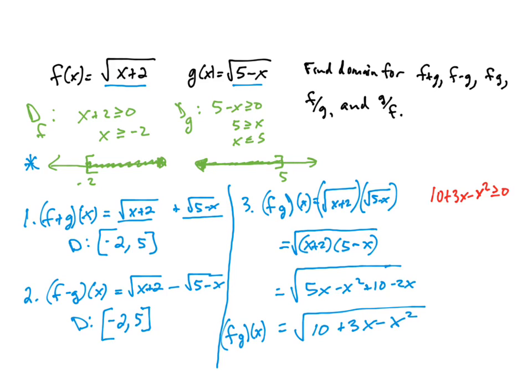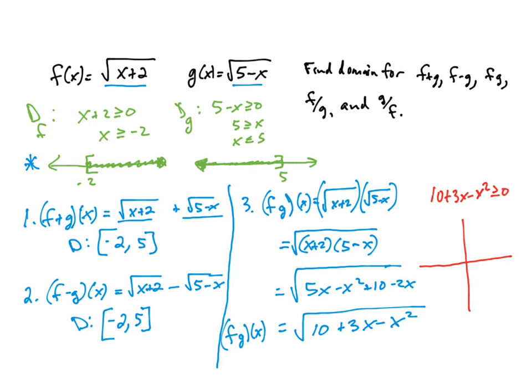Now there's a couple ways you can go about this. One, we can find the critical values. In other words, where does this graph change signs from positive to negative? We can find that by looking at the graph.